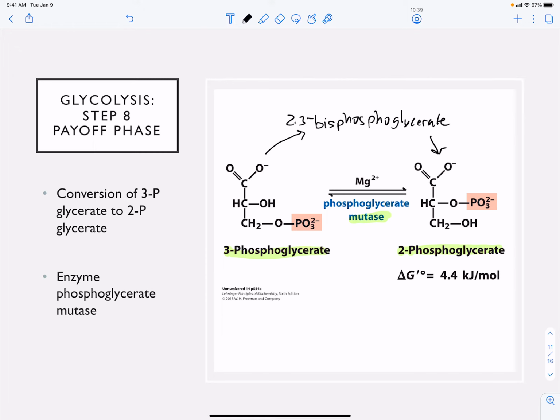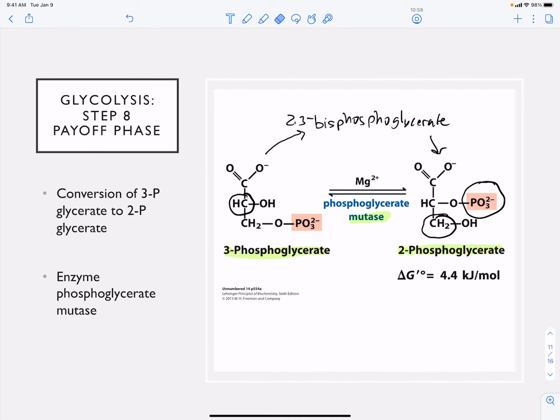So basically, you're going to add a phosphate to this 2 carbon. You're not going to move the phosphate from 1 to 2. And then you're going to release the phosphate from the 1 carbon. And so that leaves behind this 2 carbon phosphate group.